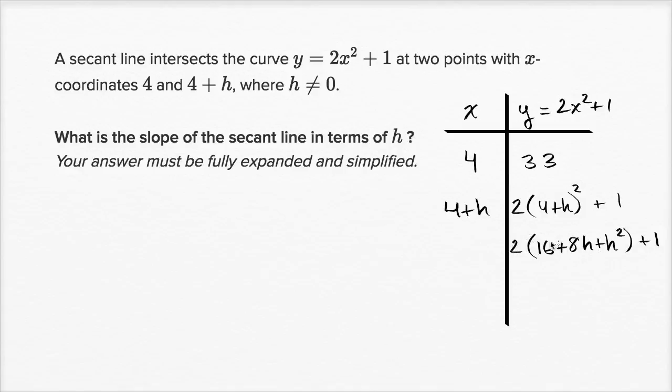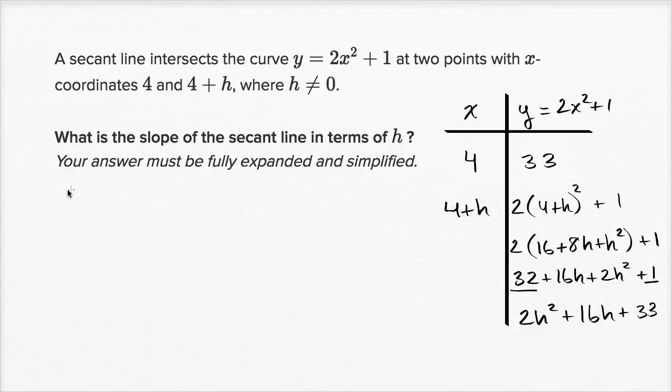And if we distribute the 2, that's going to get us to 32 plus 16h plus 2h squared plus 1. And then we add the 32 to the 1. And actually, I'm going to switch the order a little bit, so I have the highest degree term first. So it's going to be 2h squared plus 16h, and then plus 32 plus 1 is 33.